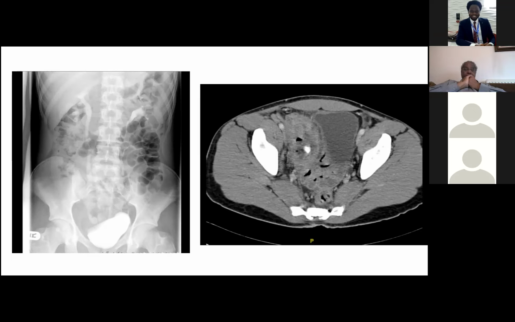In this case, we were actually quite lucky that there was a positive finding on the plain film, which was the calcified opacity. In most cases in young patients with abdominal pain, even with rip-roaring appendicitis, the X-ray is normal.